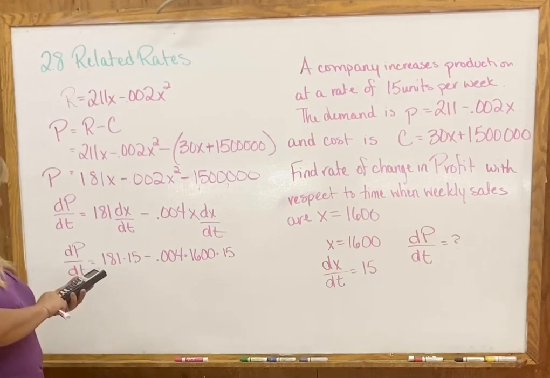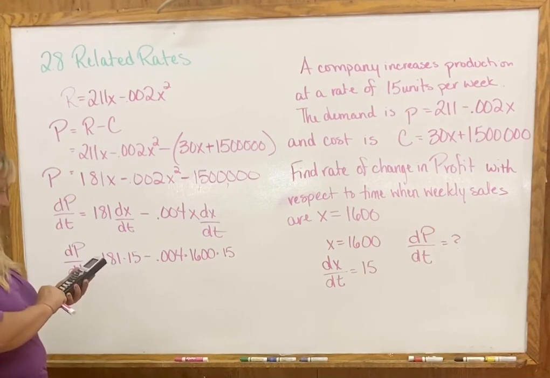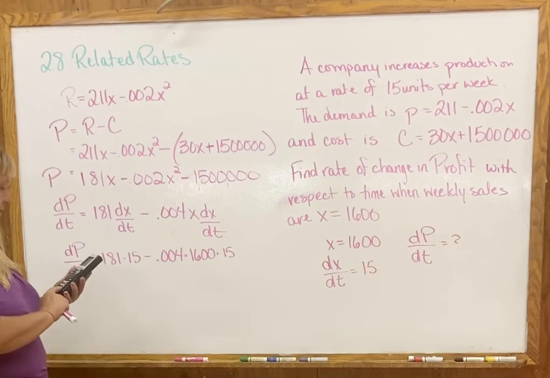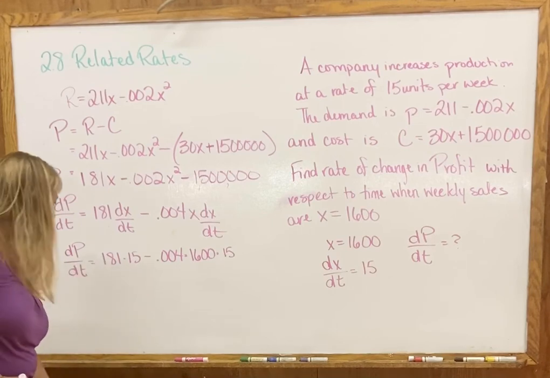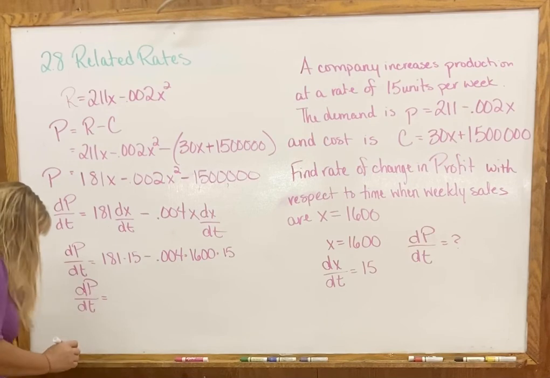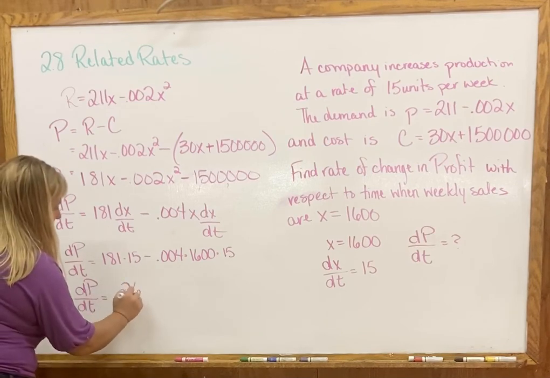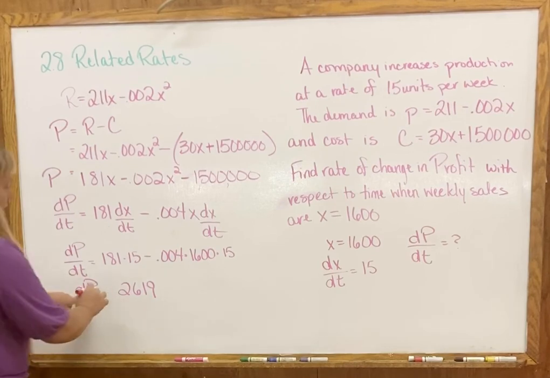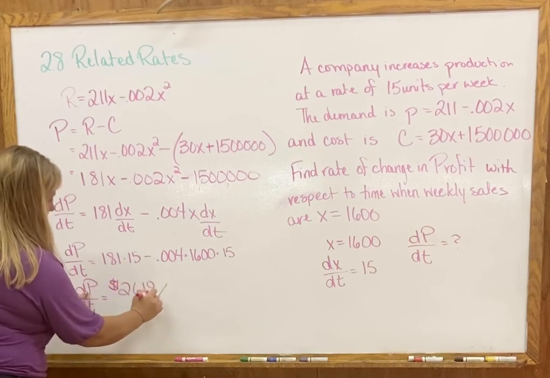So 181 times 15 minus 0.004 times 1,600 times 15. So I got that dP/dt is equal to 2,619.